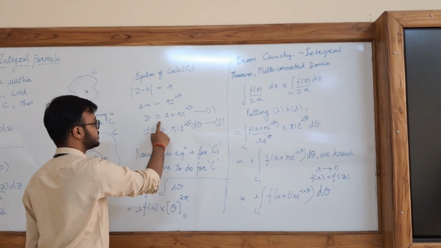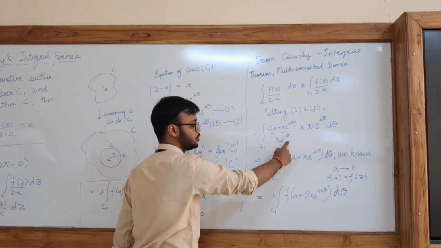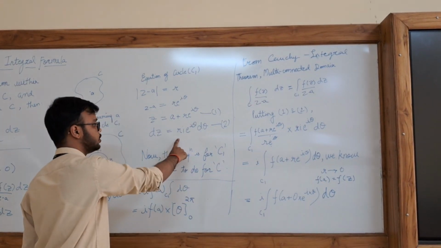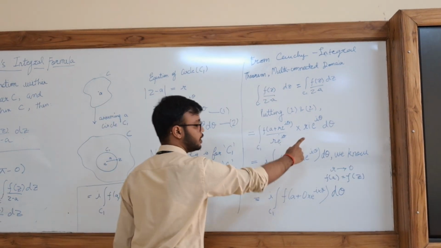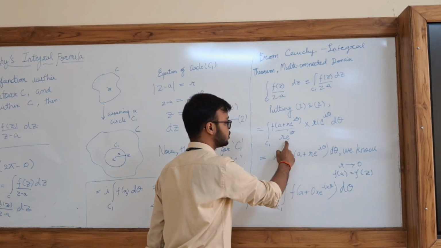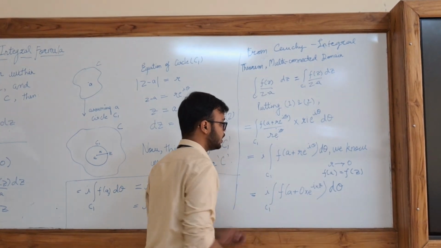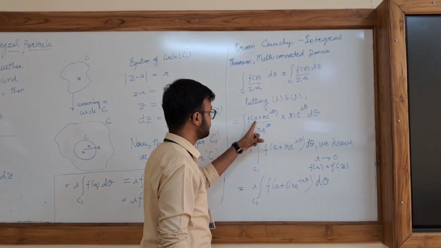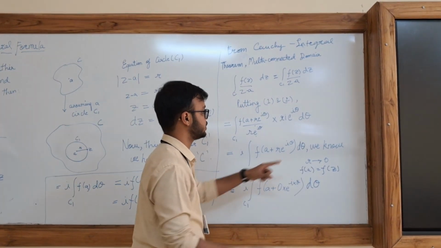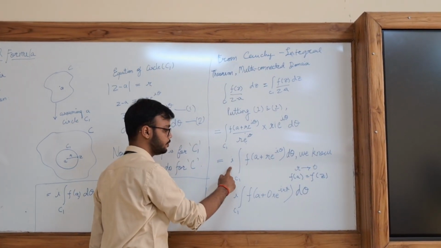The value of z is a plus r e to the power of i theta, so a and a get cancelled, and we are left with r e to the power of i theta multiplied by dz, which we found as i r e to the power of i theta d theta. So we cut both of these r e to the power of i theta, and we get f of a plus r e to the power of i theta, d theta, and i is the constant part, so it goes outside.